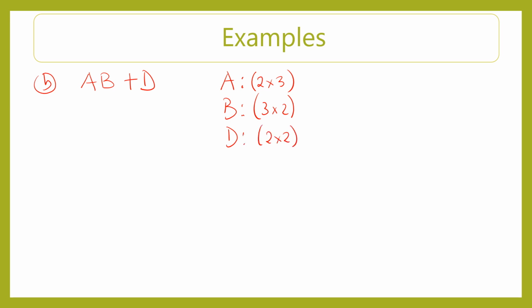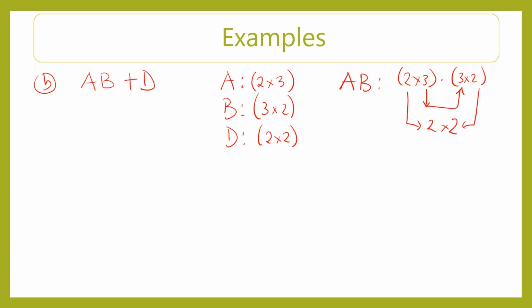So let's see whether what we want to do makes sense. First, A times B will be 2 by 3 times 3 by 2. This makes sense because the number of columns of A is exactly the number of rows of B. And the product should be 2 by 2.